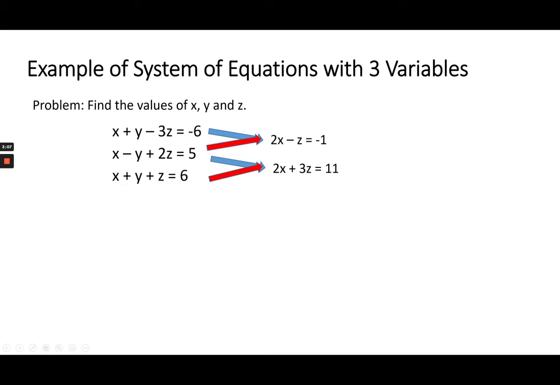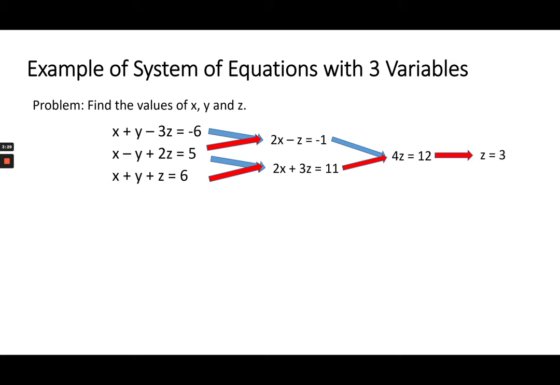X is eliminated. 3 plus 1 is 4, 11 plus 1 is 12. And now it's very clear. We will find your first variable, the value of z. Dividing both sides by 4, your z is found. It's equal to 3.